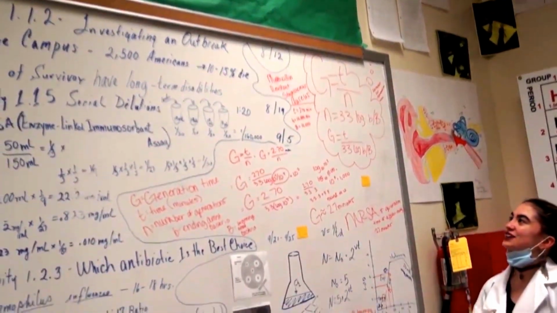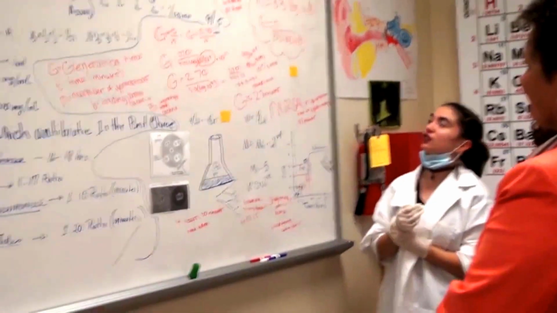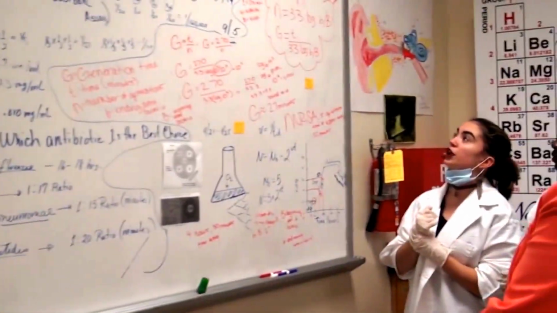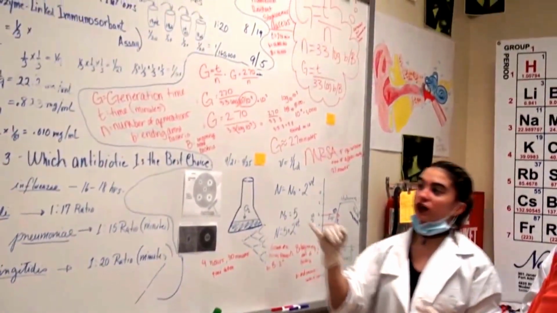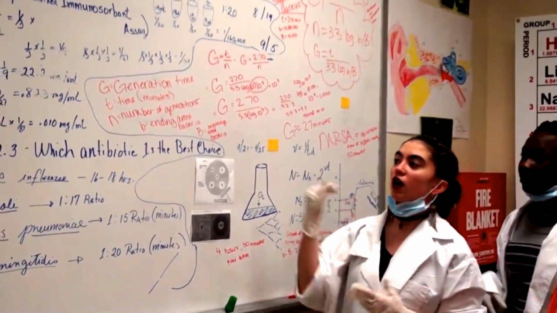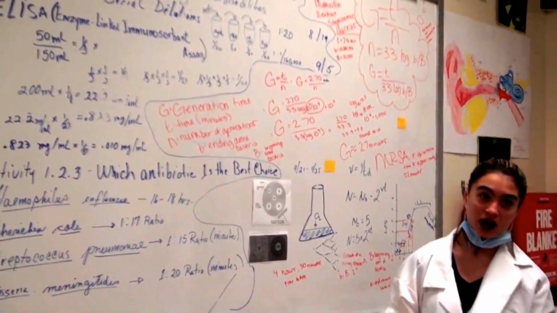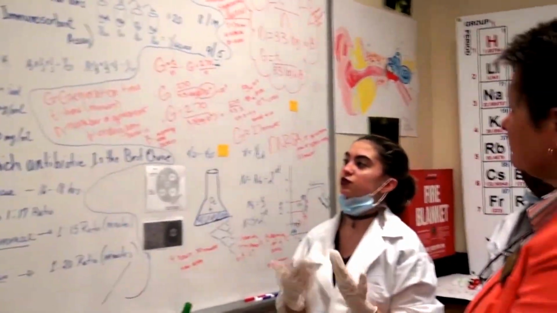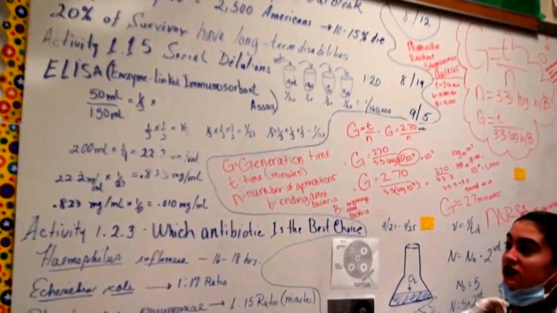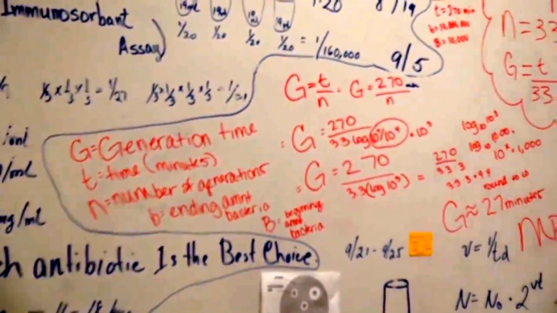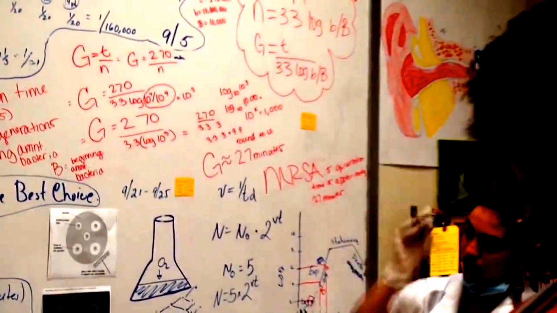So for number of generations, the equation is 3.3 log b over capital B. Over here we have what those variables stand for. Generation time is G, T is time, and in this case we use minutes. It can be hours, but we find it's easier to use minutes. For number of generations, the lowercase b is the ending amount of your bacteria, and the capital B is the beginning amount of your bacteria.